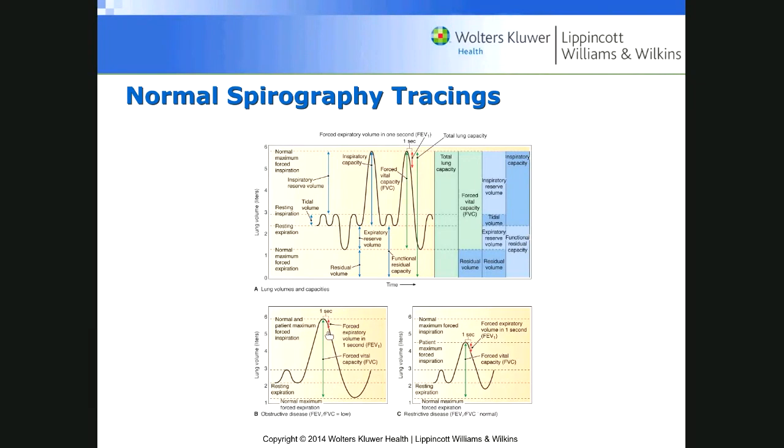Okay, there seems to be some confusion here. The idea here is that in obstructive lung disease, you're taking the forced expiratory volume at 1 second relative to forced vital capacity.